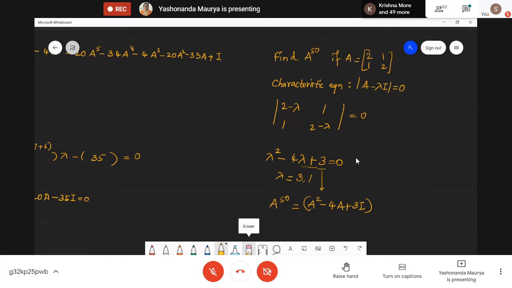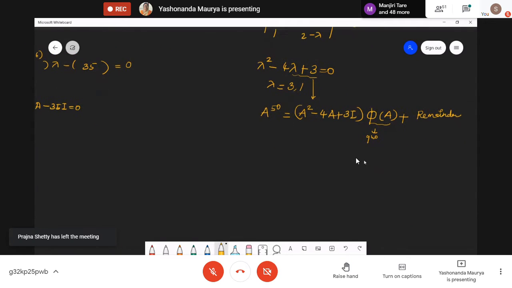This will be my divisor, times some polynomial in A, which is my quotient, plus the remainder. And how will the remainder look? It will be of the form a lambda plus b.